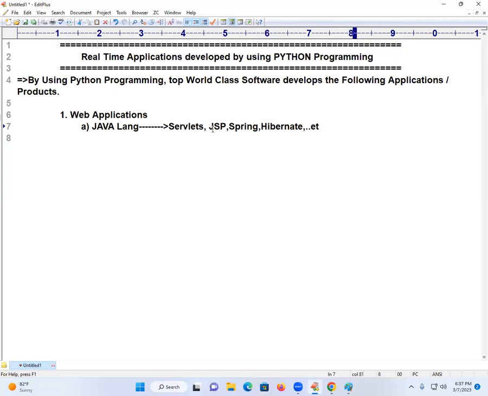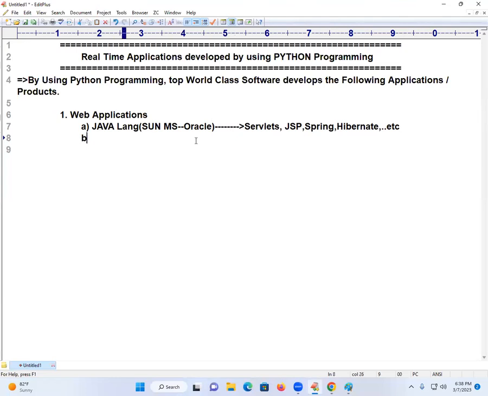Different technologies we use. By using this Java language and these technologies, we develop web applications. Java was originally developed by Sun Microsystems. As of today, it is handed over to Oracle Corporation. These are Java-side language and technologies.